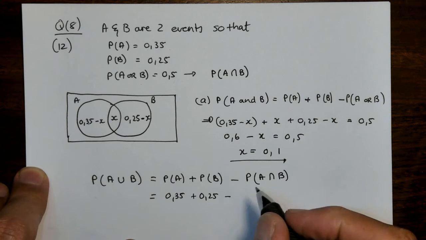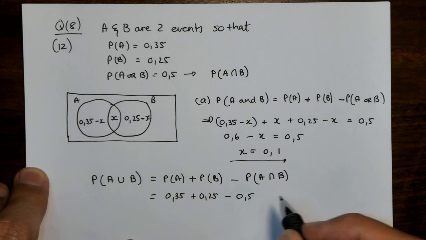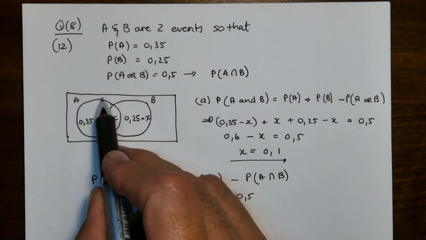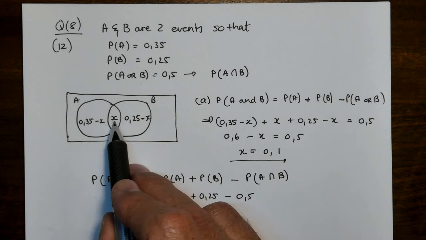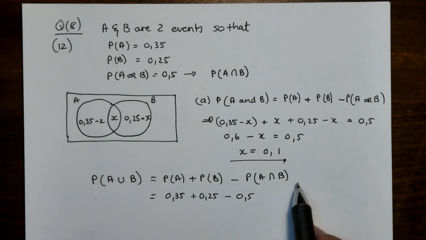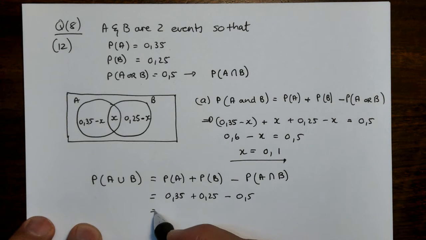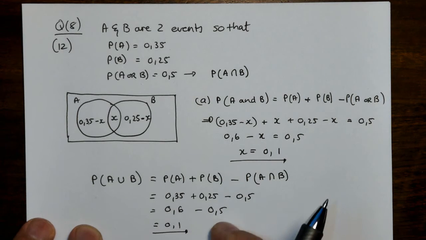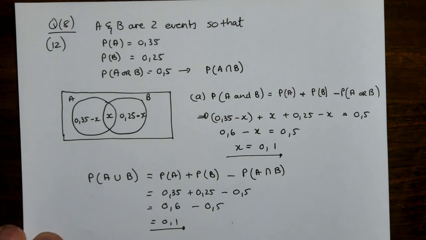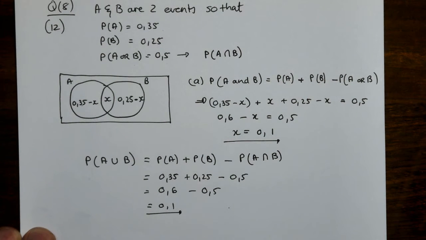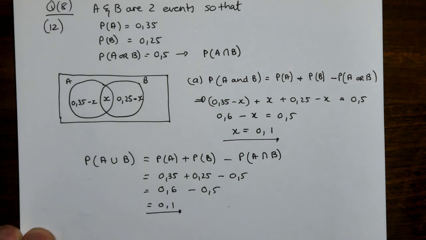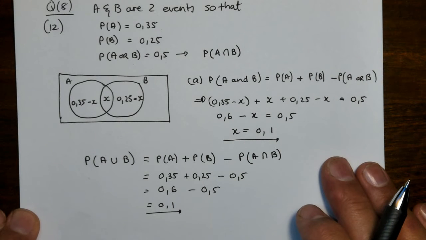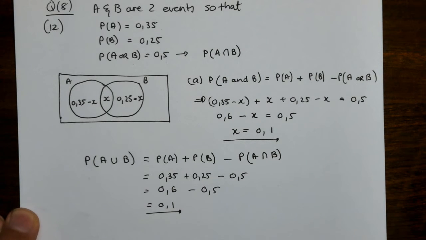So I remove the intersection. Remember, why do I do that? Because if I add these two together, I've added this twice. So I've got to remove one of the intersections. So this gives me 0.6 minus 0.5, which leaves me with 0.1. I like this one. It makes better sense to me. Whichever one you want to work with, you go and you continue working with that.